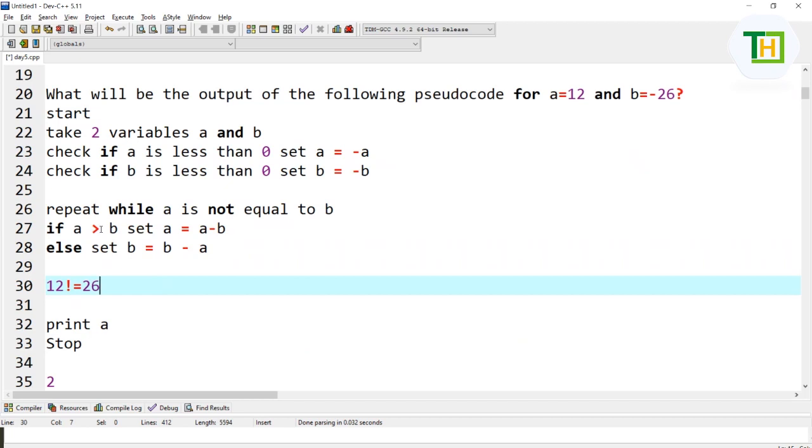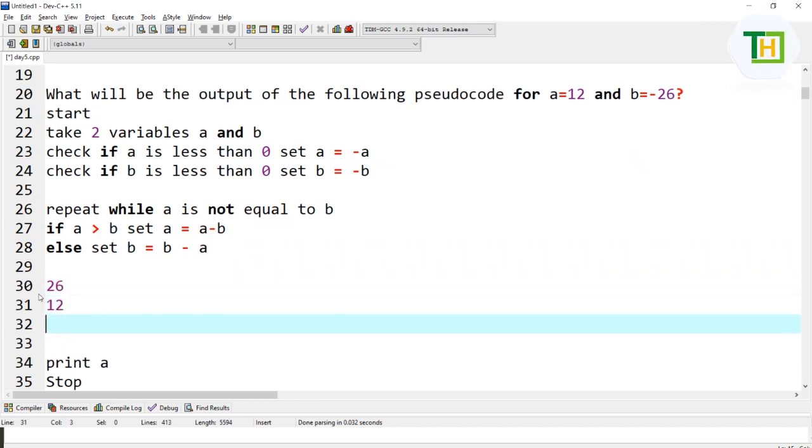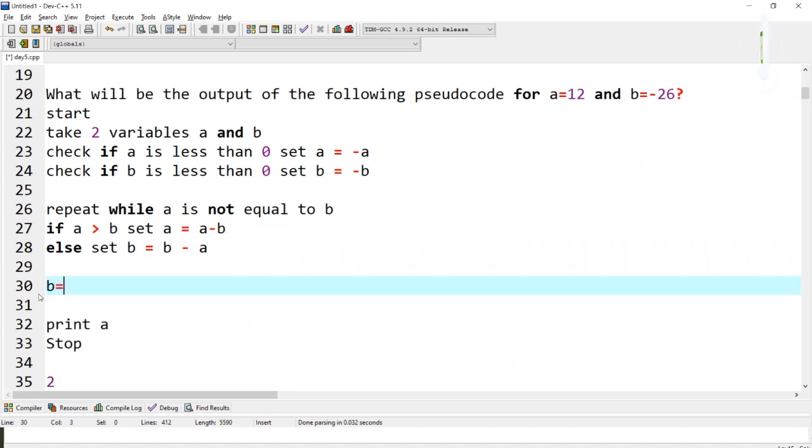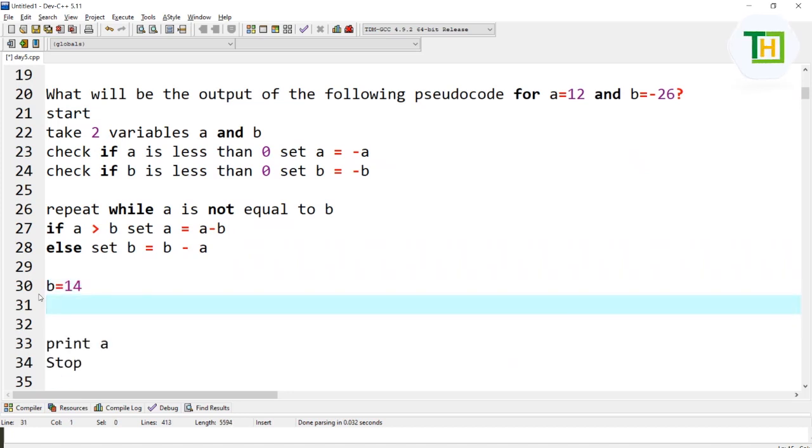Then is A greater than B? No. Then B is equal to B minus A. That is 26 minus 12, that is going to be 14 here. B value is going to be 14 and A value is going to be 12 here.